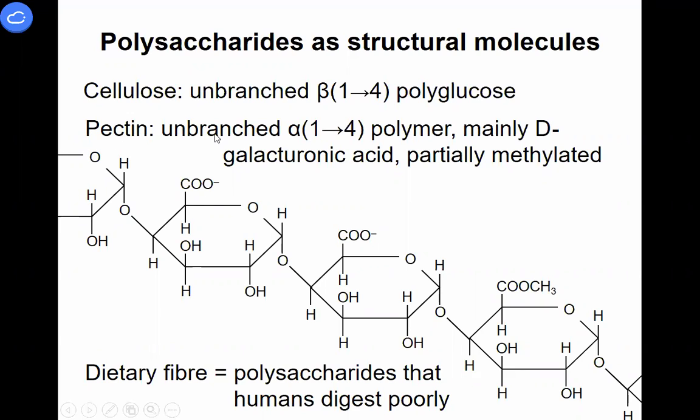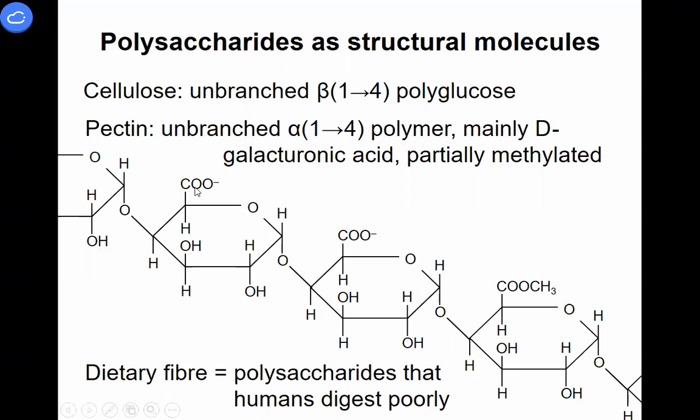Another example of a structural molecule would be pectin. I'm showing the structure of pectin here, and it is an alpha-1,4 polymer. It's mainly composed of D-galacturonic acid. Now, this is similar to galactose, but not quite the same, because you can see carbon-6 has a carboxylic acid group on it, whereas normally in a carbohydrate, that would be CH2OH.